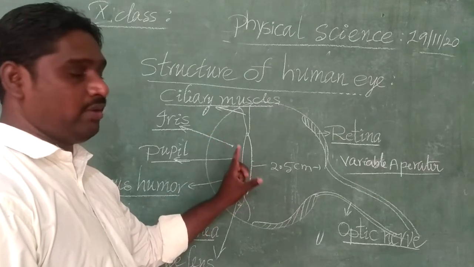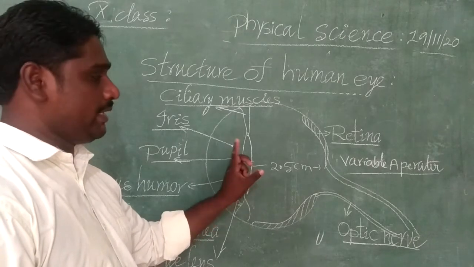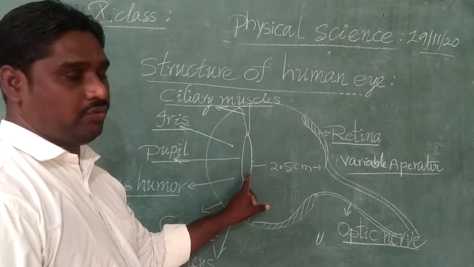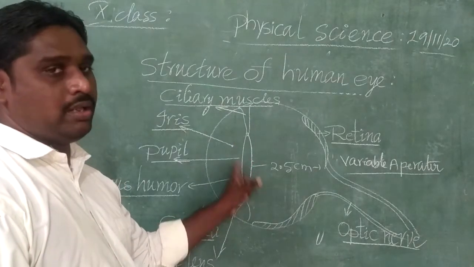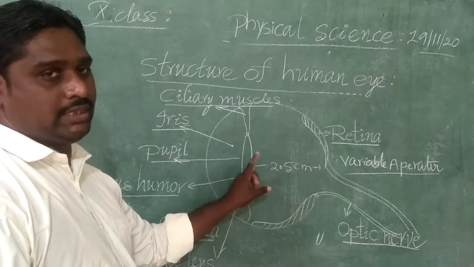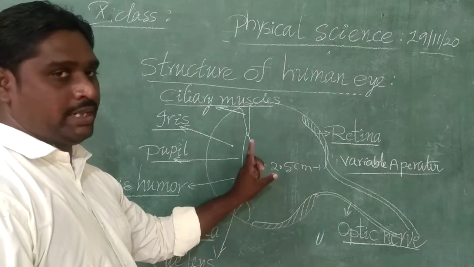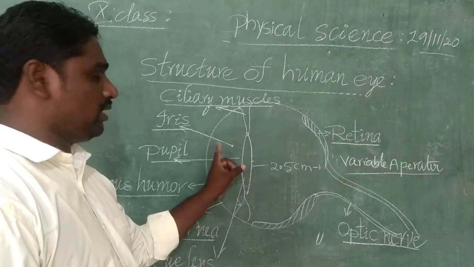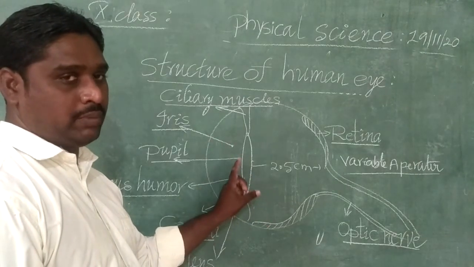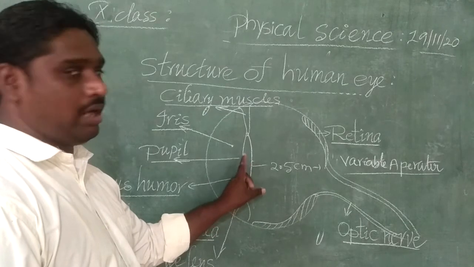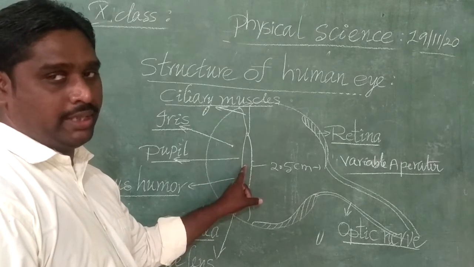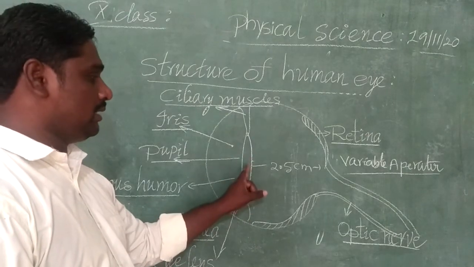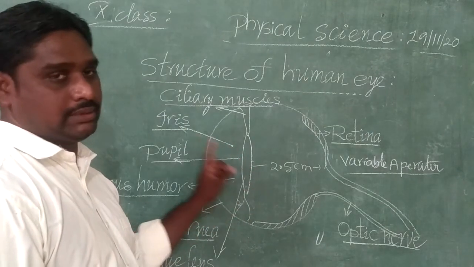This changes the focal length and the radius of curvature. The focal length of a lens depends on the material it is made of and its radius of curvature. If you change the radius of curvature, the focal length of the lens changes.